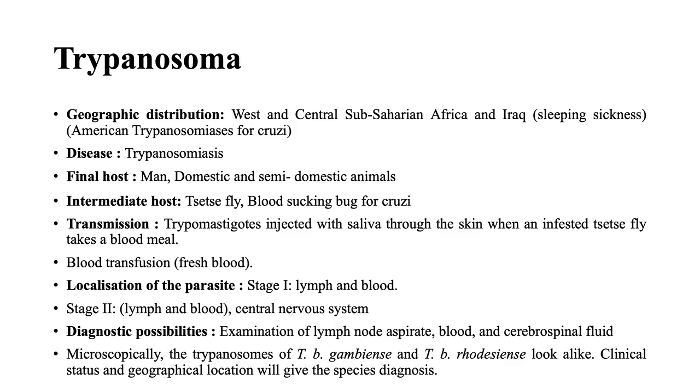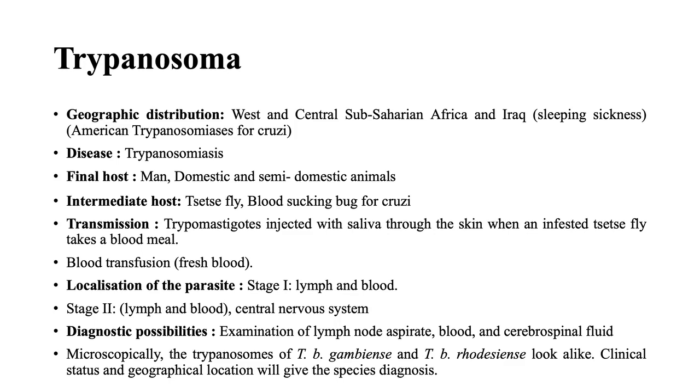So we have here the intermediate host. For the intermediate host, we have the tsetse fly for all the trypanosomas except cruzi. For cruzi, the intermediate host is going to be blood-sucking bugs.